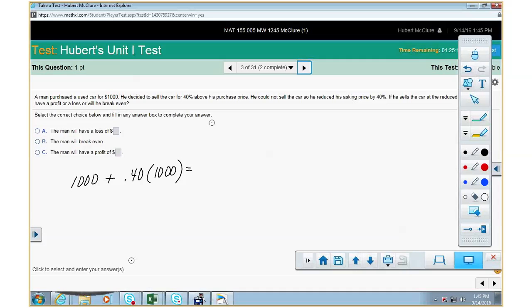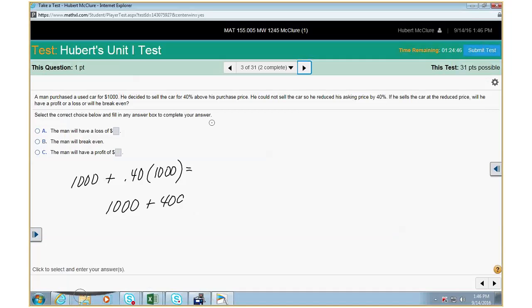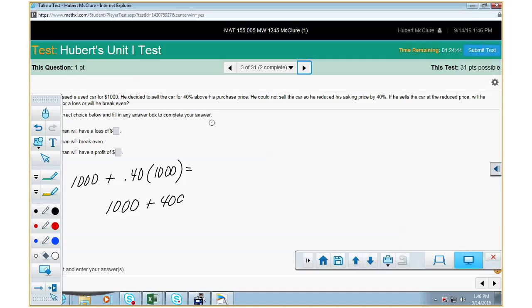Well, you don't need a calculator for this. Because what is 10% of 1,000? $100. So what would 40% be? 4 times 100 is 400. So 1,000 plus 400. Well, I'll just add another decimal to it. There we go. 1,400.